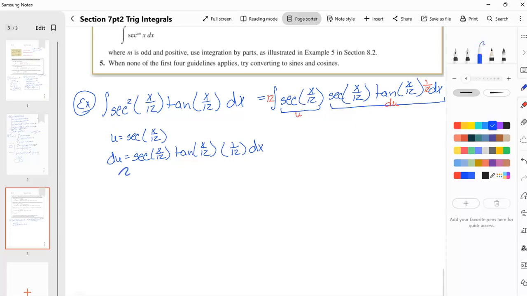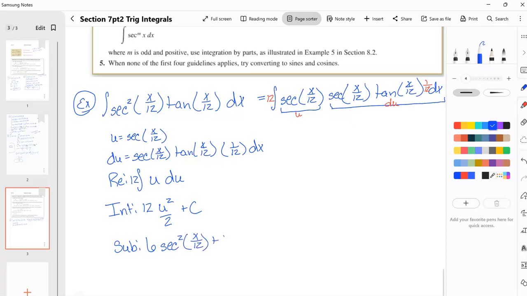So when we do our rewrite, we're integrating 12 times the integral of, oh, just kidding, that's u du. And then when we integrate, we're going to get u squared over 2 plus c. And then when we substitute back in, we're going to get 6 times secant squared of x over 12 plus c. So there's the final answer.